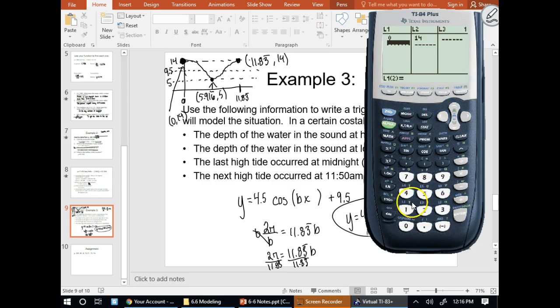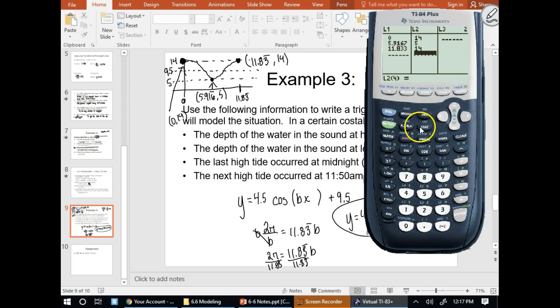The next one is 5.916 repeating, so put lots of 6s, and 5. And then the next one is 11.83 repeating, and 14.